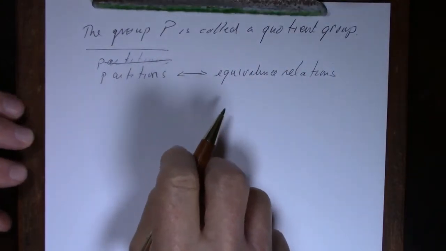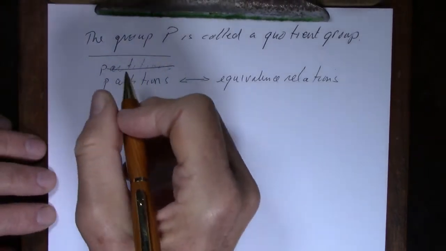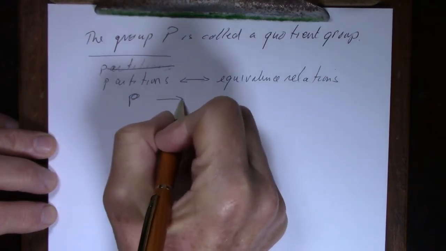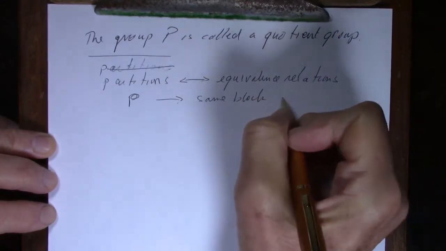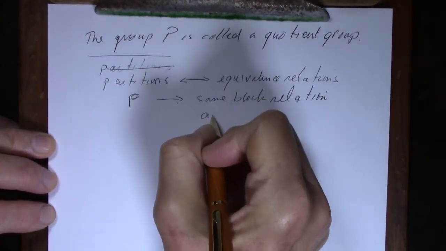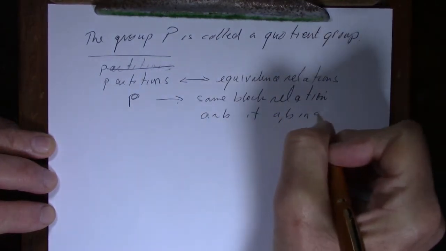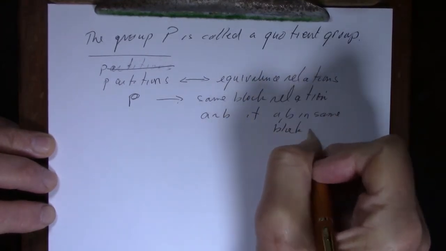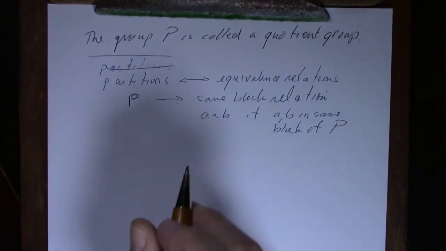As you probably know, if you start with a partition, then the same block relation is the relation that says A is related to B if A and B are in the same block of P. That's an equivalence relation. That's easy to check.